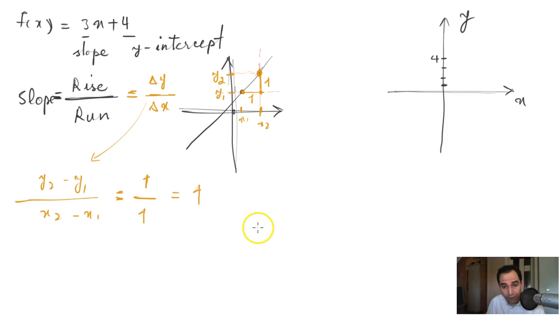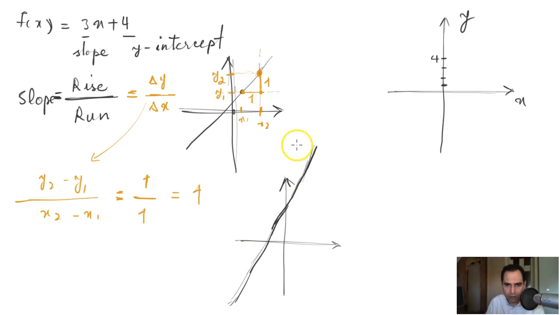But if you have some other coordinate system and another function, let's say you have this function, and this time the slope of the function is steeper, something like this. So now this function is steeper compared to this function.